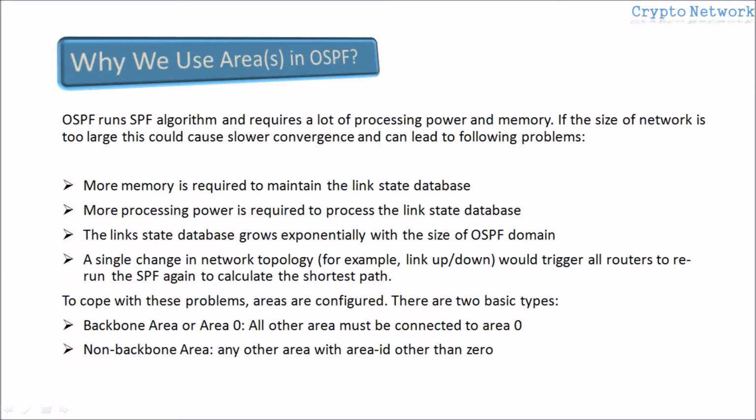A smaller link state database, fewer routers exchanging LSAs, minimizes processing and memory requirements. A smaller routing table: we know that summarization does not happen by default. We have to manually summarize.